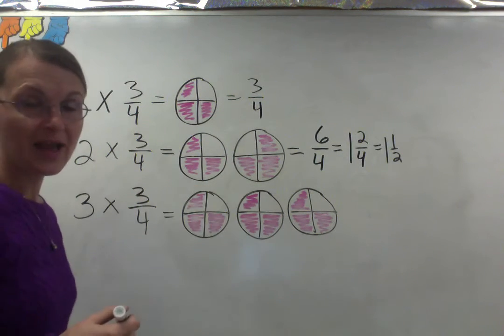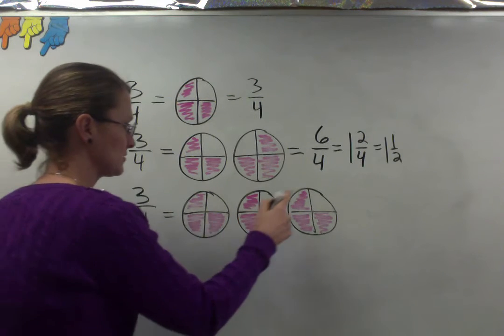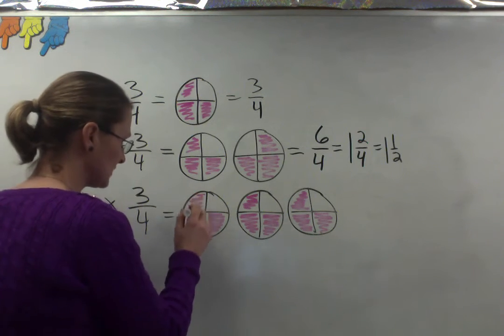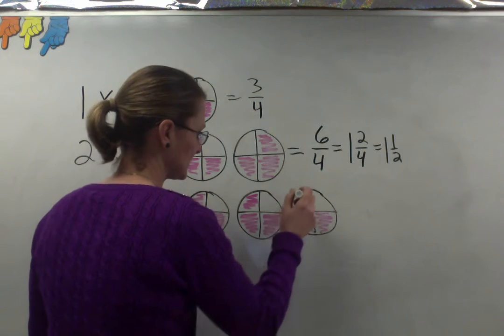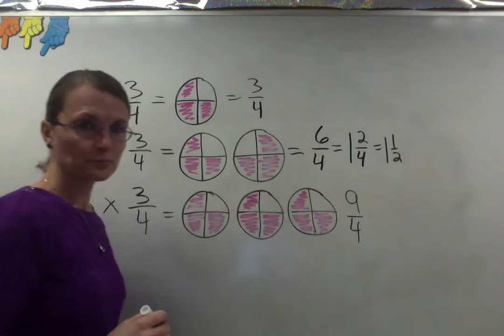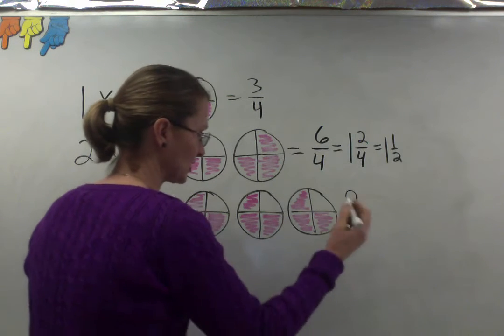Now our next one, we're going to have 3 groups of 3/4. So we have 3/4, 3/4, 3/4. So 3 times 3/4, which is 1, 2, 3, 4, 5, 6, 7, 8, 9. So we have 9/4. We need to turn 9/4 into a mixed number because it's an improper fraction.